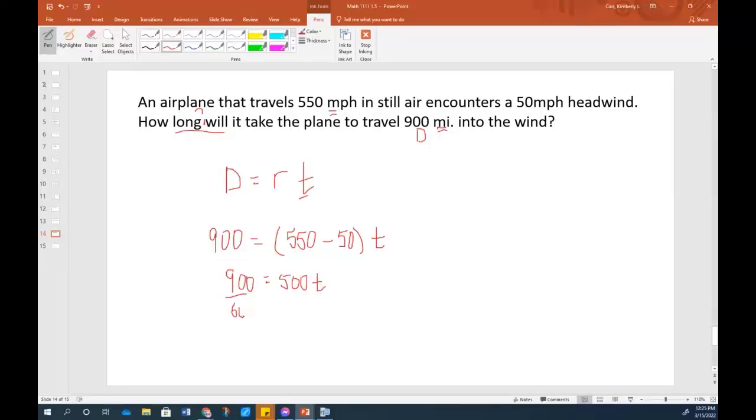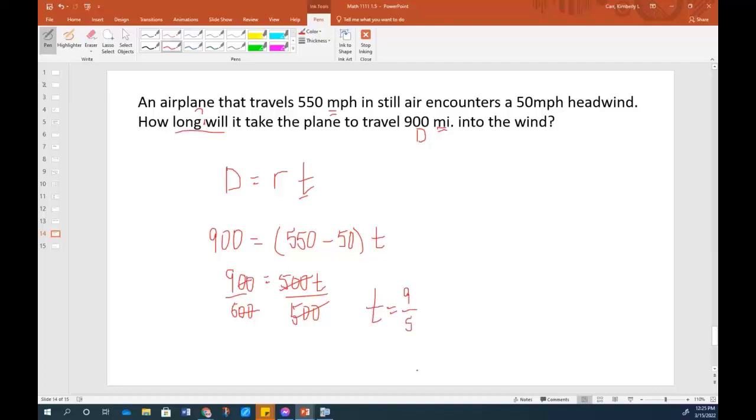Divide both sides by the 500. Weird looking 5, but that cancels. The zeros over here are going to reduce out. And don't forget that's a 5. It kind of looks like a 6, doesn't it? So we end up with t is equal to 9/5.